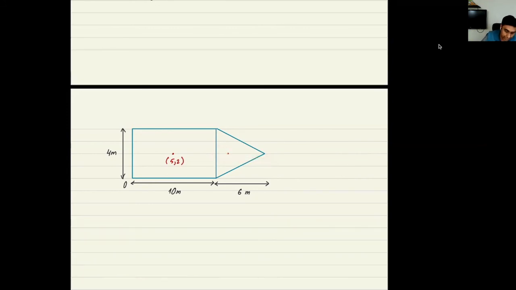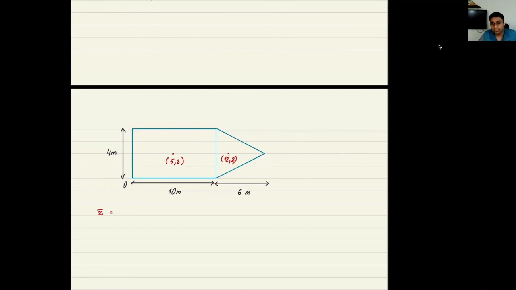So this point will have x coordinate 10 plus 2, which means 12, and the y coordinate would be 2. And after writing down the individual coordinates of the centers of mass, assuming an origin of my own, I can find the x coordinate.